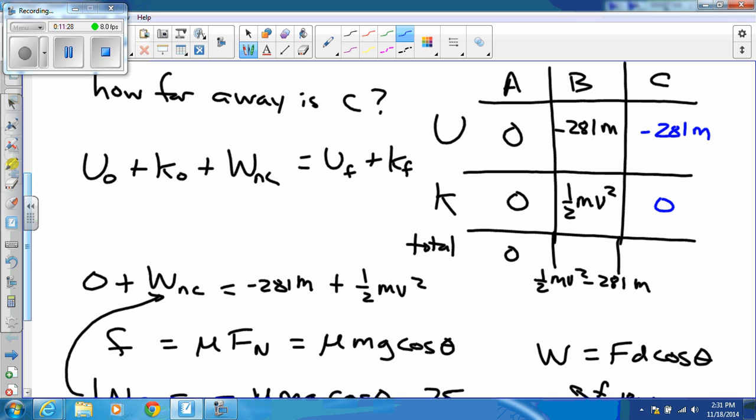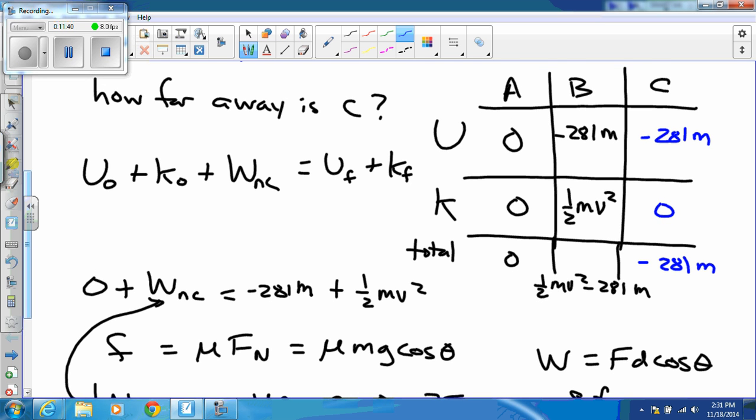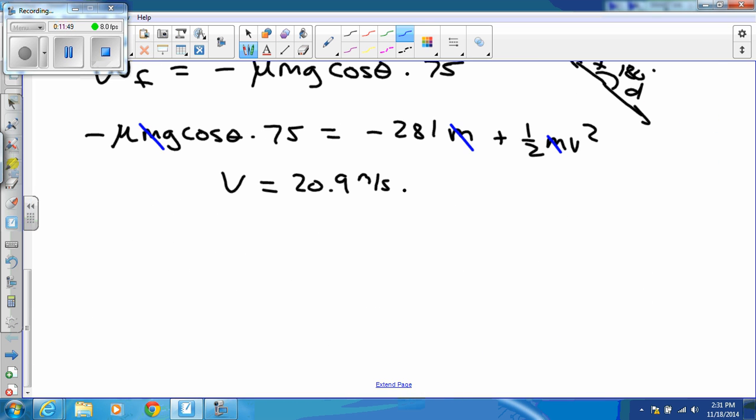She has no kinetic energy anymore, so her potential energy is now negative 281 m. And so we ask, where did all that energy go? Well, I can keep track if I take a look at the energy at point B versus the energy at point C.